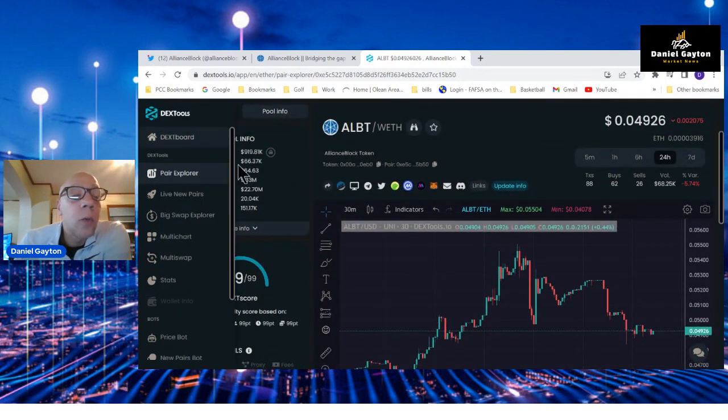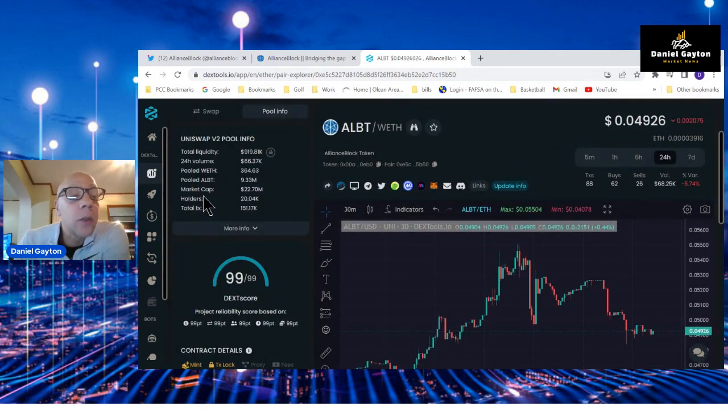You look at the total market cap, which is actually very impressive to me, that it's so early. It's only 22.7 million. It's a very low market cap for a project this size. It has about 20K holders.